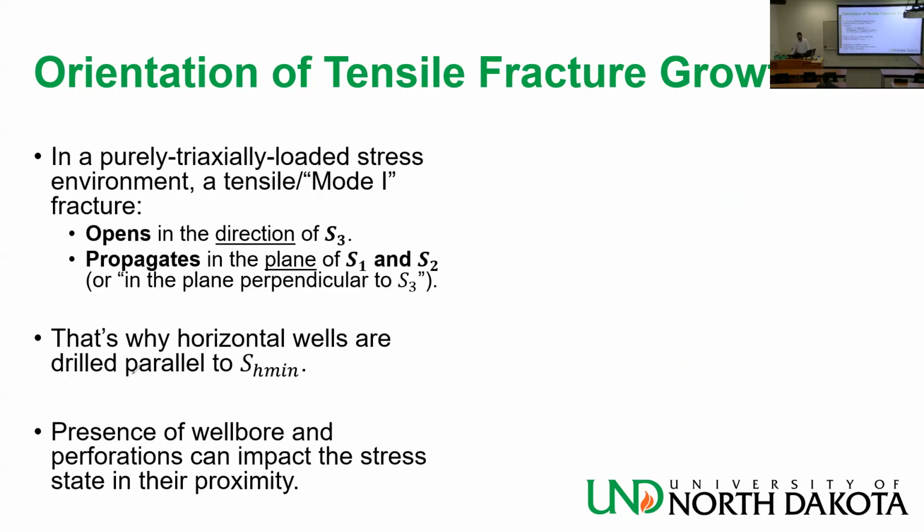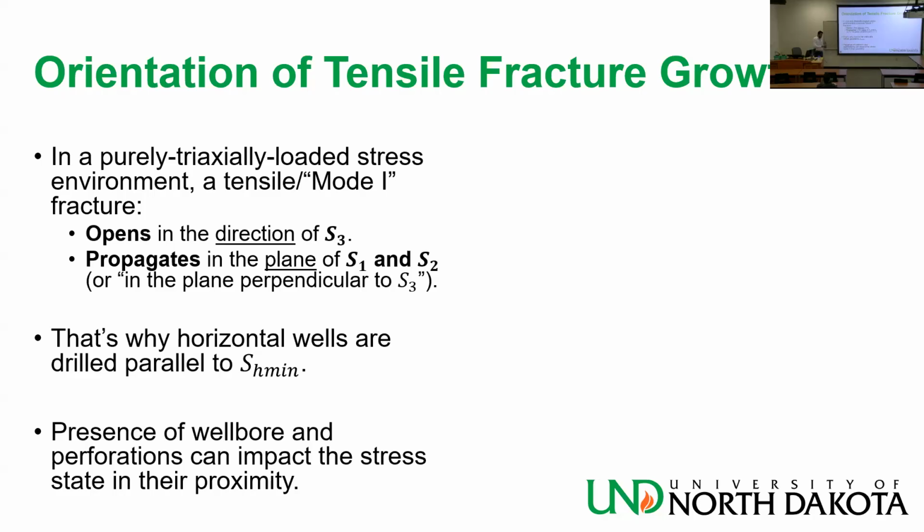What you learned how to do with SV, SH max, SH min, you can now do with sigma RR, sigma theta theta, sigma ZZ. Same problems, because it's the same principle. The tensile fracture will always open against S3, and it will always propagate in the direction of S1 and S2, more in the direction of S2 than S1.